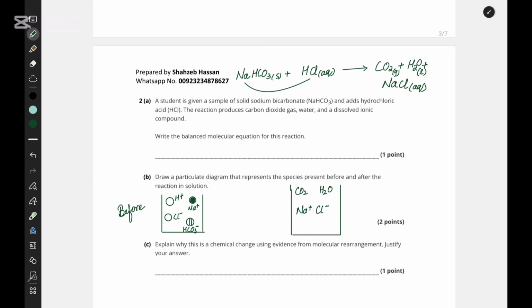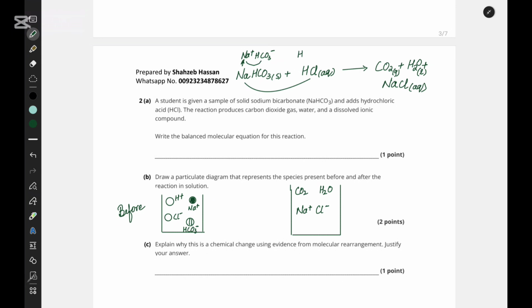In this question, they want us to draw a particulate diagram to represent the species present before and after the reaction in the solution. So before the reaction, there is sodium ion, there is hydrogen ion. This is HCO3, so it's going to be hydrogen carbonate. So these both ions are present in NaHCO3.